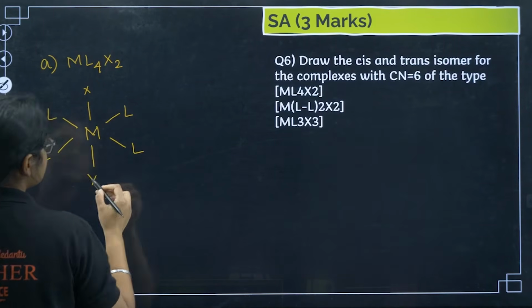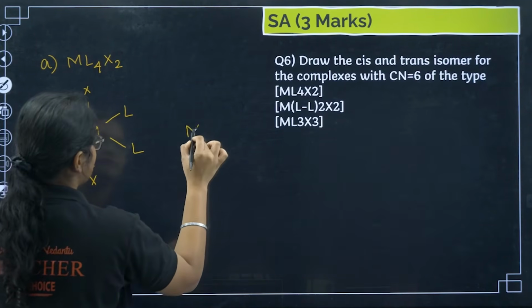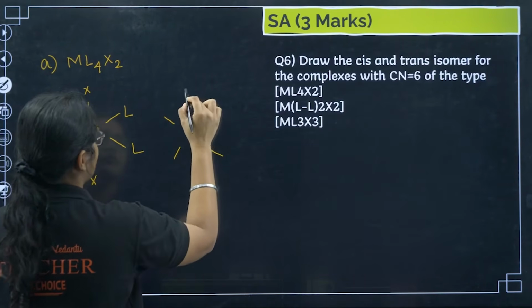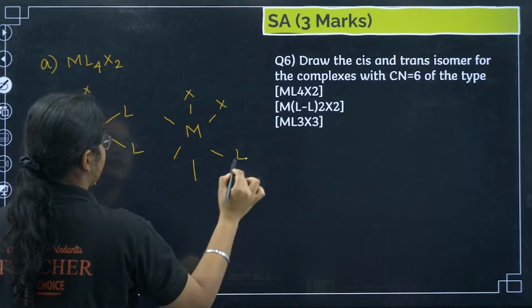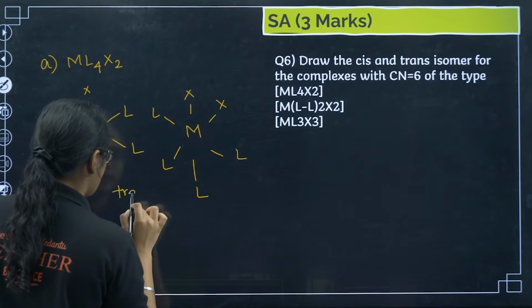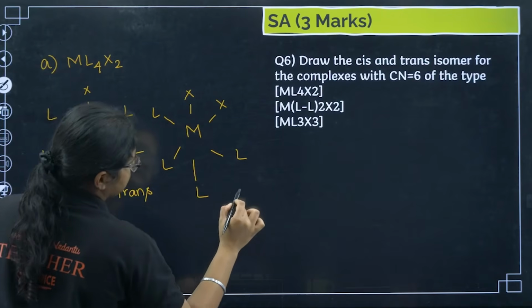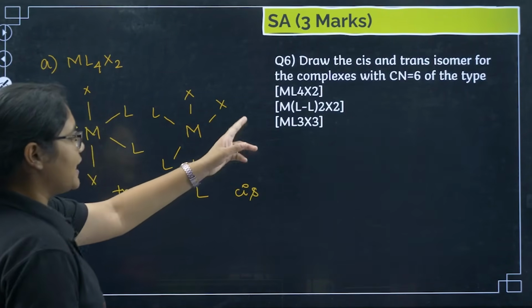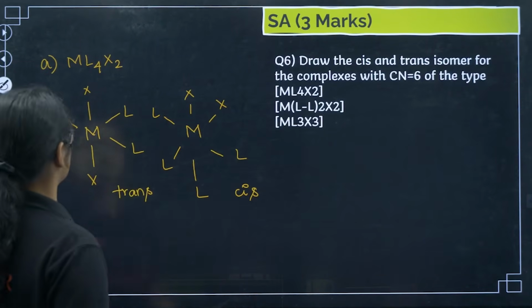So this is the trans form, and the cis form I can just have like this, where I can draw 2 X like this, and then I have L. So this is the trans form and this is the cis form. Now you have M(LL)2X2.